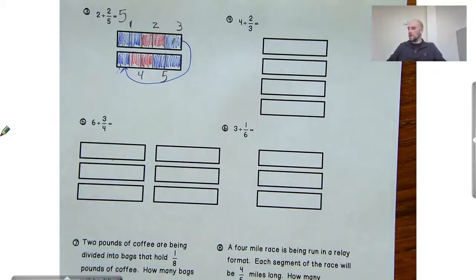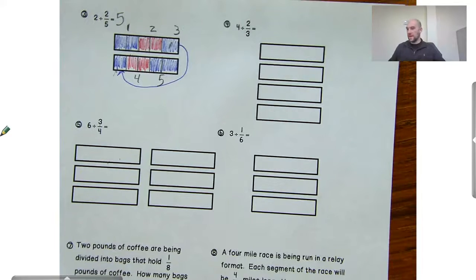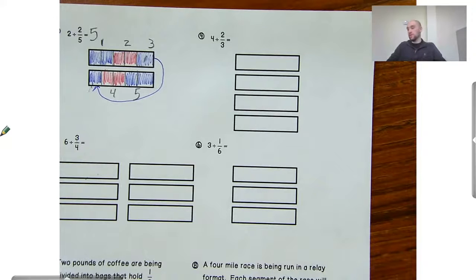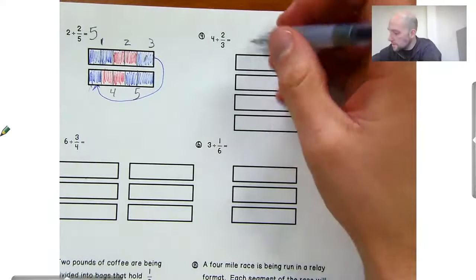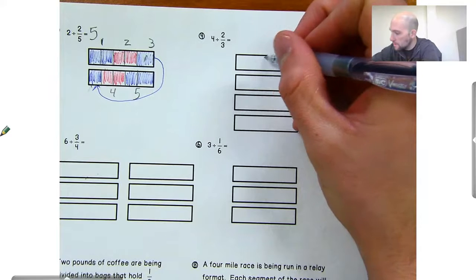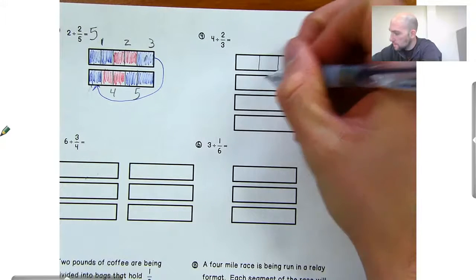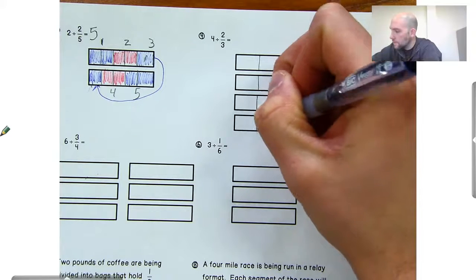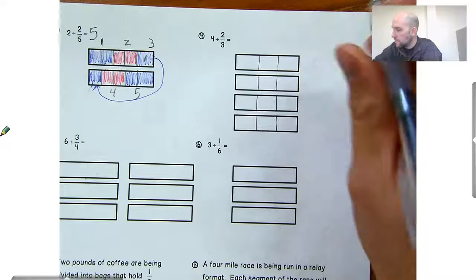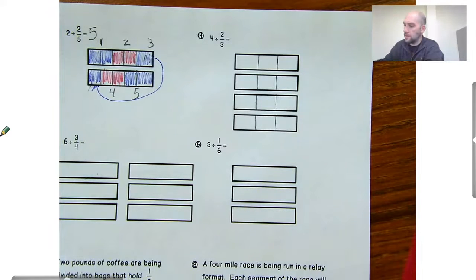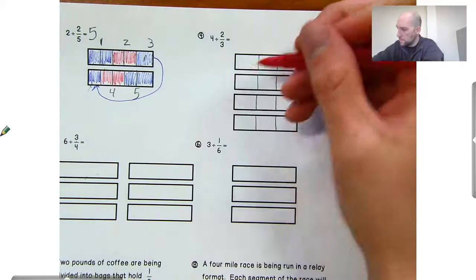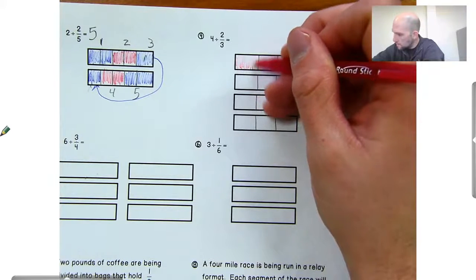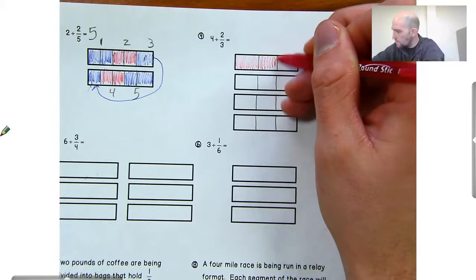Now that's a little bit tricky, so we're going to do another one sort of like that. This one is 4 divided by 2/3. So I have 4 of these. I need to split them into thirds. And then I need to make them into 2/3 sections. So I'll start with red, I guess, this time. So there's 2/3.